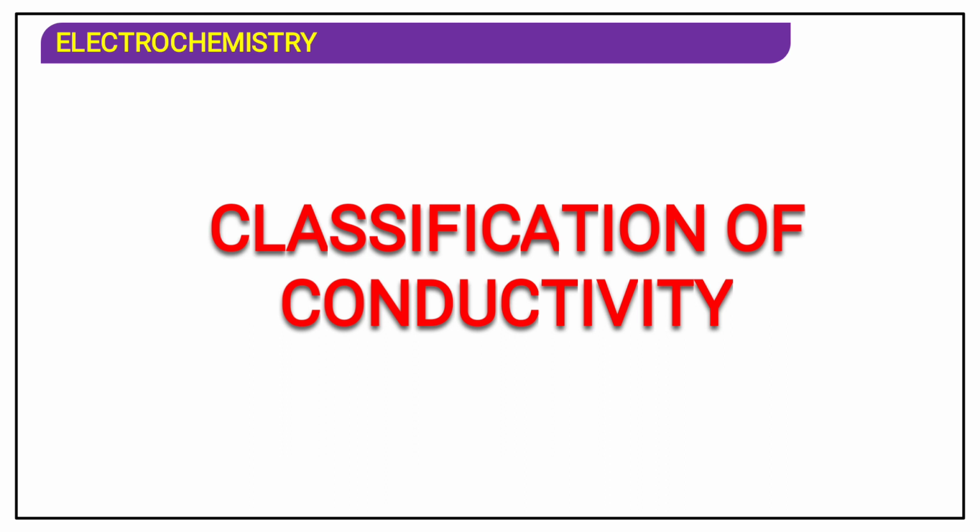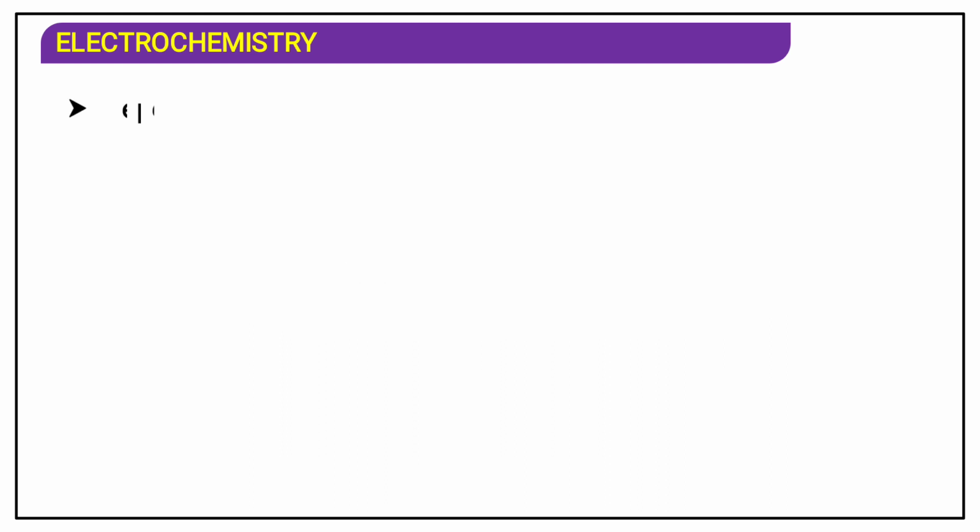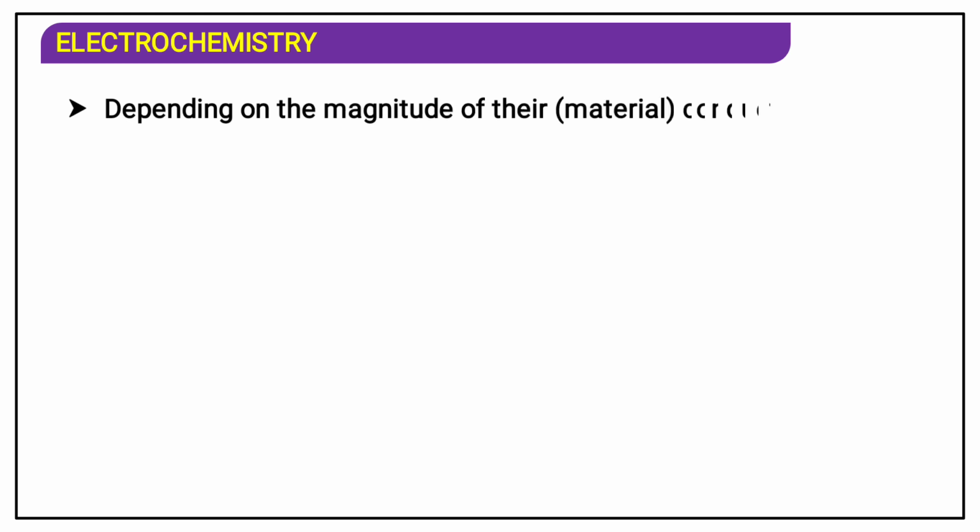The classification is based on different criteria. The first criterion depends on the magnitude of their conductivity, which means what type of material we are using for conductivity.